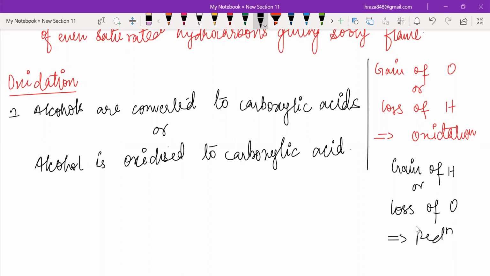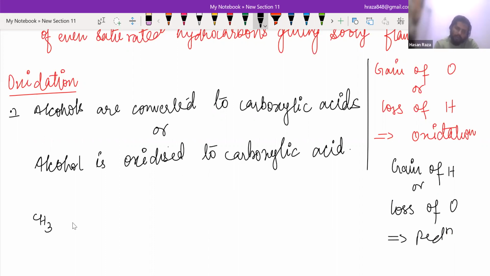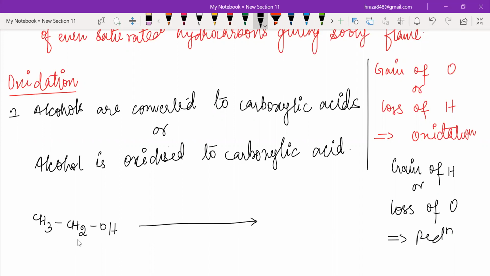Now see, can you name this compound? CH3CH2OH. What is the name of this compound?